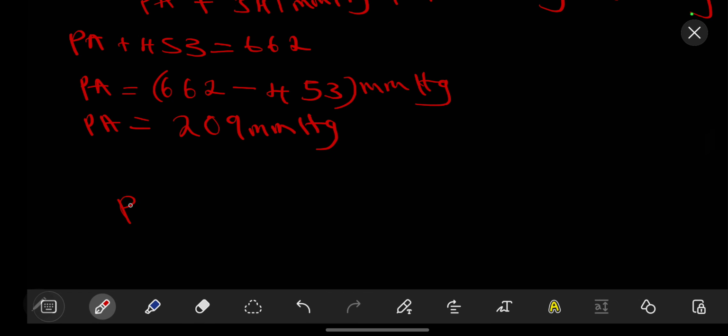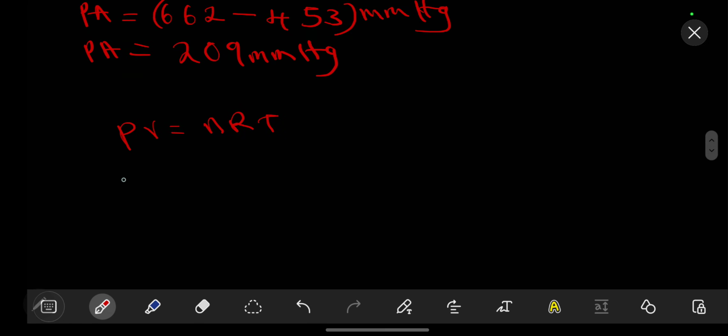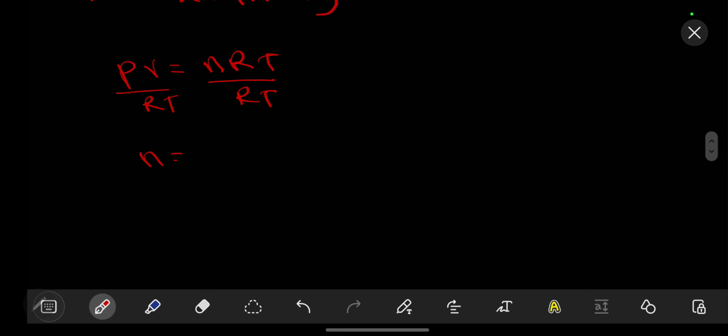We know that, according to the general gas equation, PV should be equal to nRT. We want our number of moles, so we are going to divide by RT over RT. So our number of moles should be equal to PV over RT. What is our pressure?